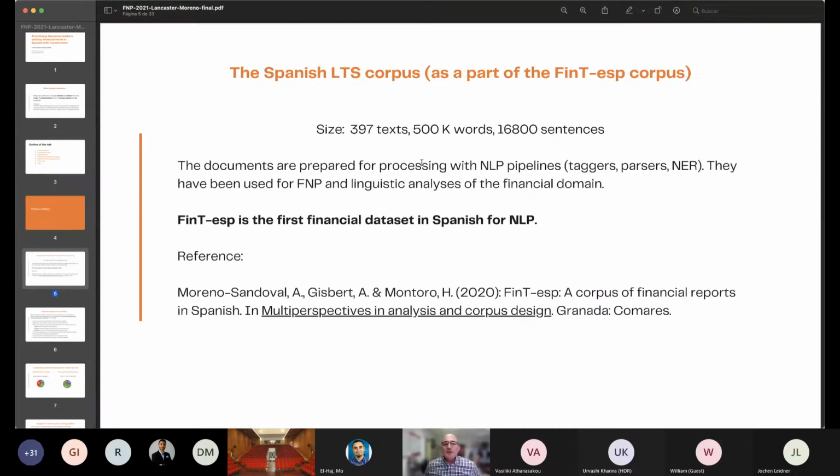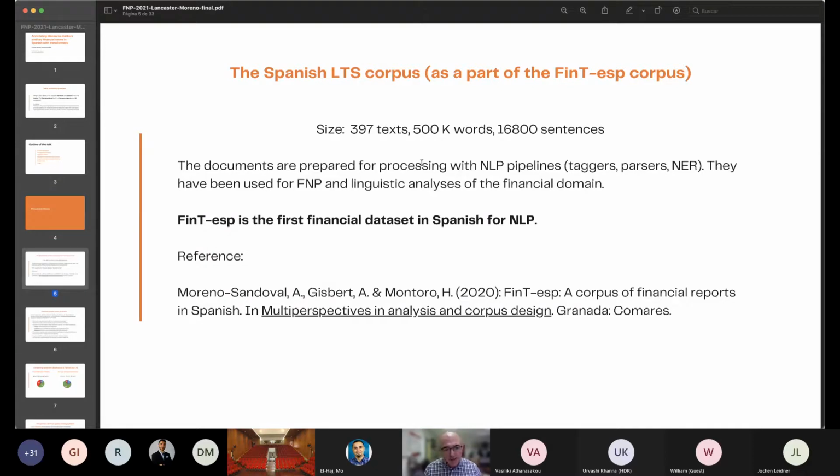Well, we compiled probably the first financial dataset in Spanish as a part of the FinTest project. This dataset is based on the Spanish annual reports, and we extracted 100 small documents, on around 500,000 words.